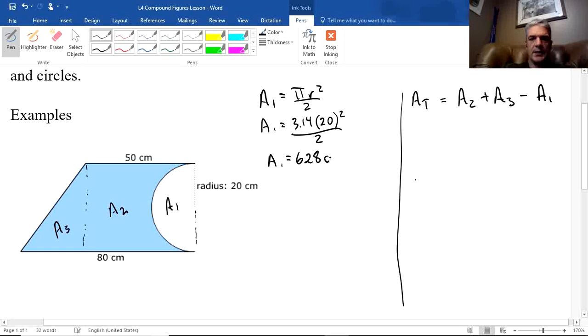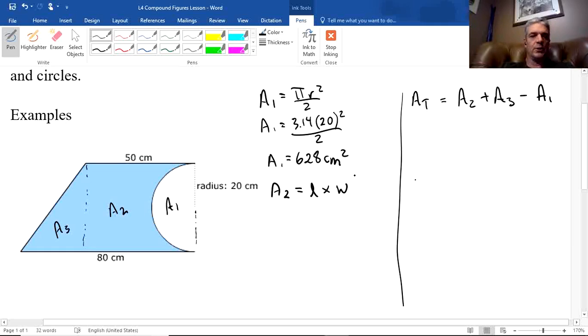628 centimeters squared. Then I'm going to move on to area 2, which is a rectangle, and that is just length times width. In this particular case, my length is going to be 50, and my width here will be 20 plus 20. Because this distance here is 20 to halfway, it must be 20 again, so it's 40.